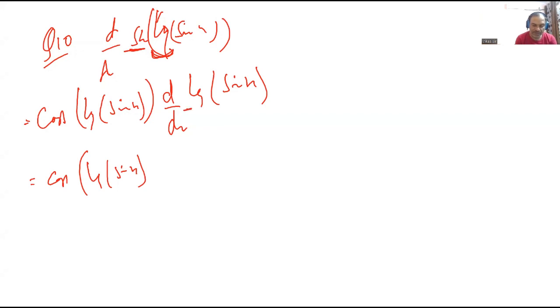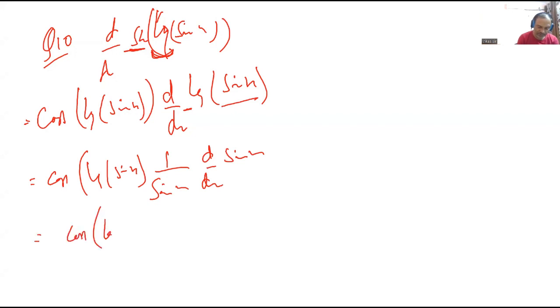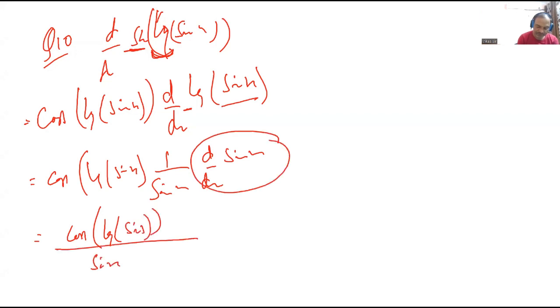Here you will be having 1 over sin x, and as well d by dx of sin x. Now here, the answer will be cos log sin x, in the denominator you are having sin x, and here if you differentiate it, you will be having cos x.